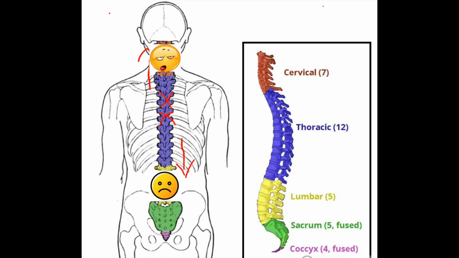These areas will then have to work harder than they should, getting tired and worn down over time, which can lead to pain and discomfort. So when someone comes into clinic with this issue, of course we will treat the neck or the lower back, whichever area is hurting. But if we don't address that thoracic spine dysfunction, the issue is far more likely to come back in some amount of time.